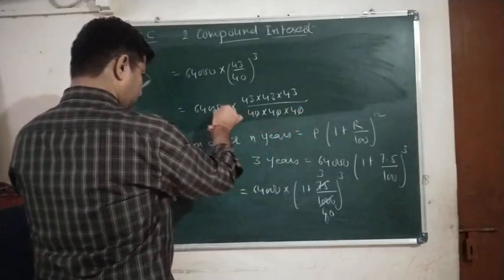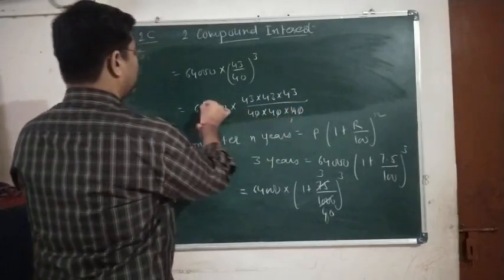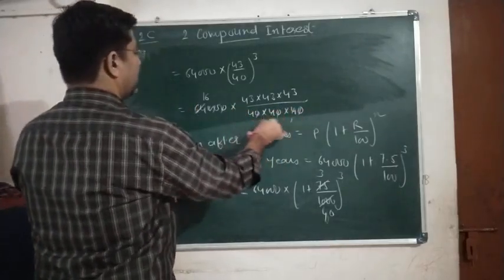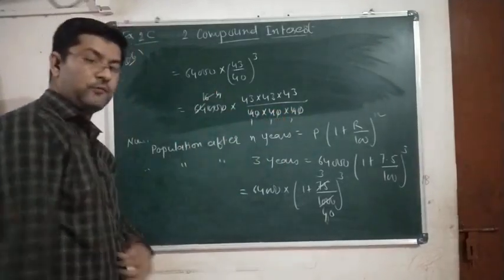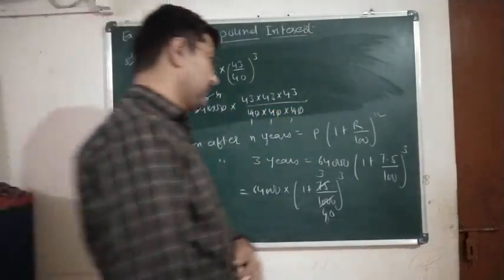Now these 3 zeros will get cancelled. 4 16s are, 4 4s are, and 4 1s are. So 43 cube will be the final answer.